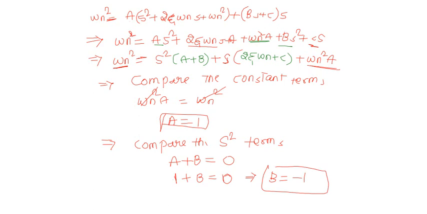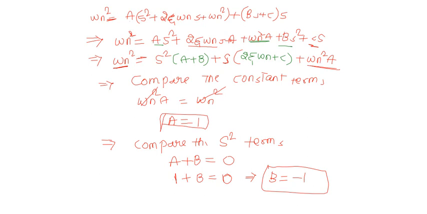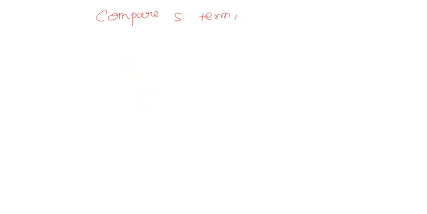Now we need to find out the C value also. So in order to find out the C value, compare the S terms. Whenever we are comparing the S terms, in S terms we are having 2 zeta omega n A plus C equal to 0.